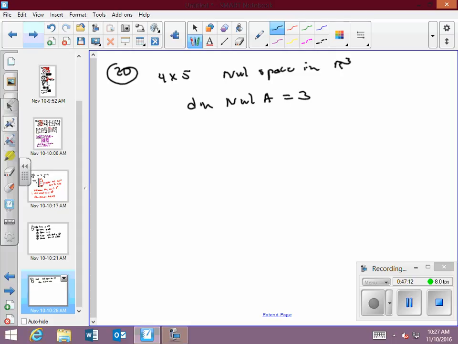If you look at theorem 14, it says if a matrix A has n columns, then rank A plus the dimension of null A equals n. A has 5 columns.